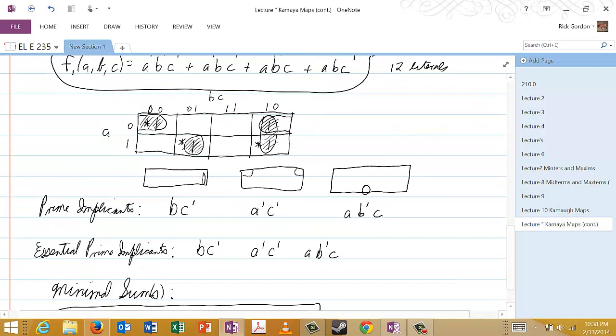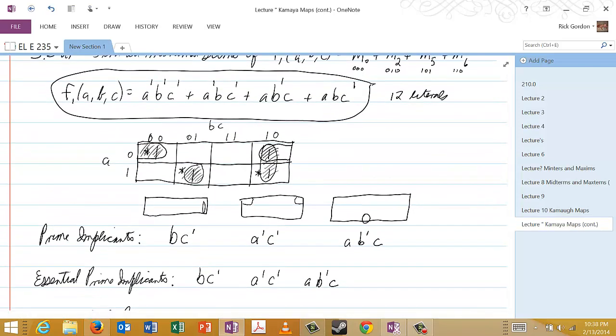So you can think of this in the following way. One reason that this is a practical thing to do is that if we wanted to realize this in hardware, we would need 4 3-input AND gates and 1 4-input OR gate.